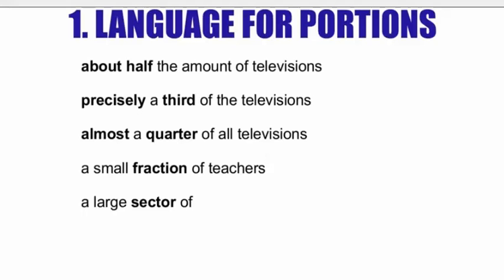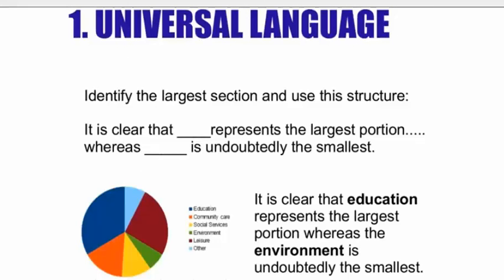Now then, hopefully you've still got your pen in your hand. I'm going to give you a very useful sentence that you can definitely use when you're describing a pie chart. All you have to do is identify the largest section and the smallest section, and then basically memorize this sentence.